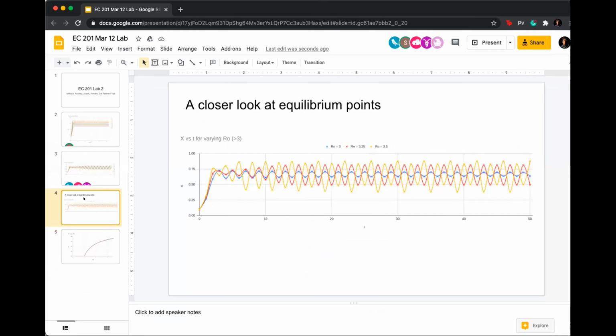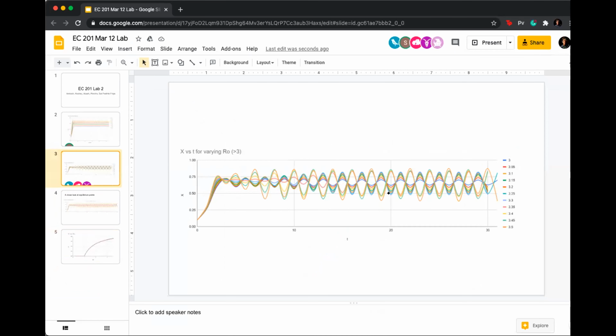One of the things we couldn't reason out is why, beyond 3.4, this seems to go out of phase. All the other values oscillate initially, but eventually they go to one side.